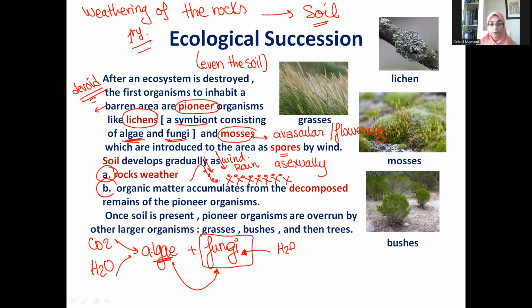The second important source of formation of soil, or rebuilding of soil, is the organic material that accumulates from decomposition of the algae and the fungi. Once soil is present, of course, other bigger organisms like grasses, bushes and trees can develop later on.